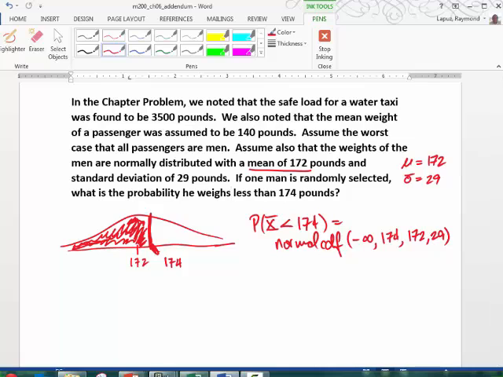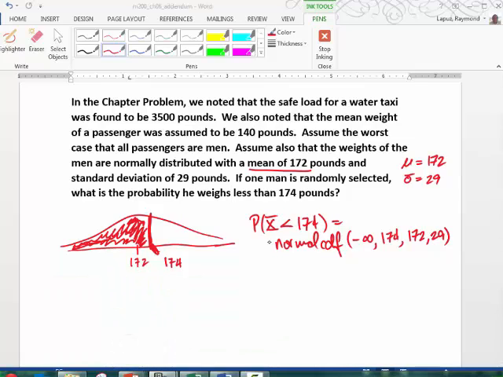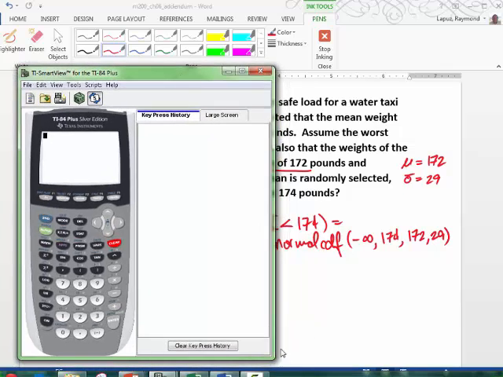So let's take out our graphing calculator. We want to go to distribution, and our normal CDF is the second one.